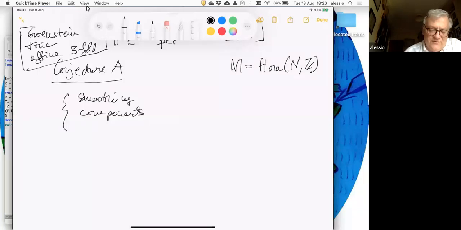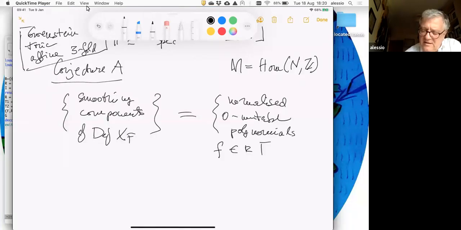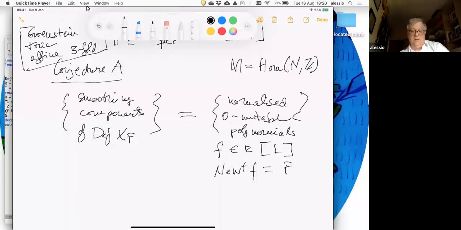Smoothing components of the deformation space of X_F is in one-to-one correspondence with the set of normalized zero mutable polynomials f in K[L] with Newton polytope of f equal to the polygon F. I will explain all of this, what's a normalized zero mutable polynomial.